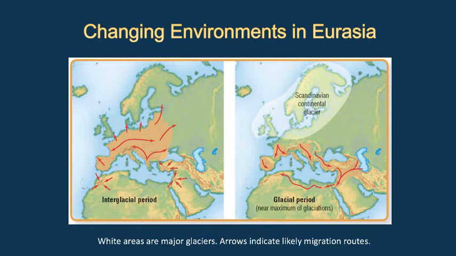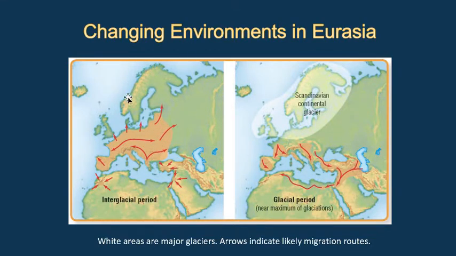So basically the glaciers are expanding, climate is getting colder, the tundra is expanding, and it's pushing populations to the south. So human populations, hominin populations during these glacial periods are going to be confined to right around the Mediterranean, essentially.